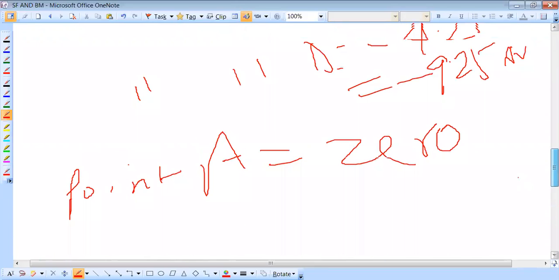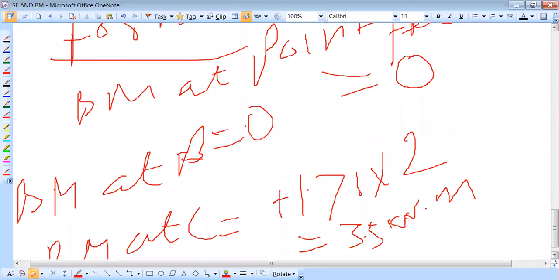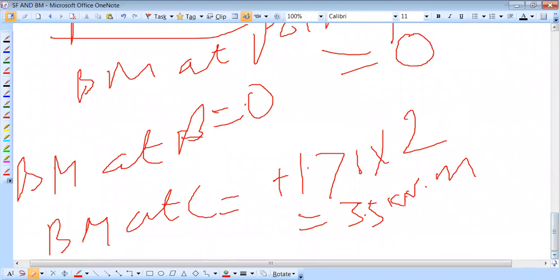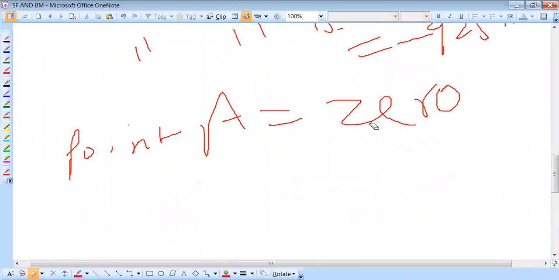Sorry, SF at this point is not actually 0. SF at this point is equal to, sorry, SF at this point is equal to 0. Is the value of how much? The value of 4 point.